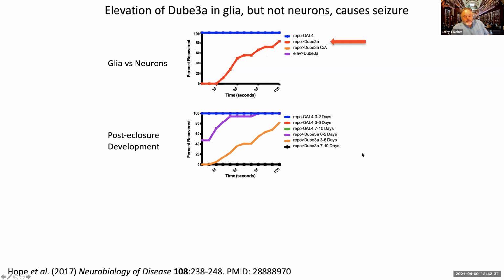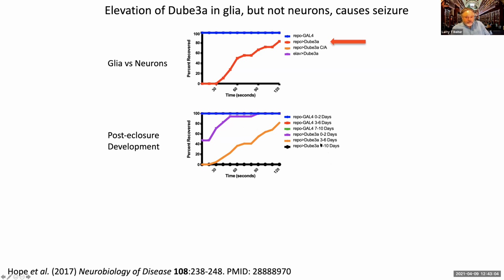He looked at flies that were extremely young, between 0 and 2 days post-eclosure, 3 to 6 days post-eclosure, and 7 to 10 days post-eclosure. And what he found was that the flies that are younger, 0 to 2 days, are somewhat resistant to seizures, and that's this purple line.